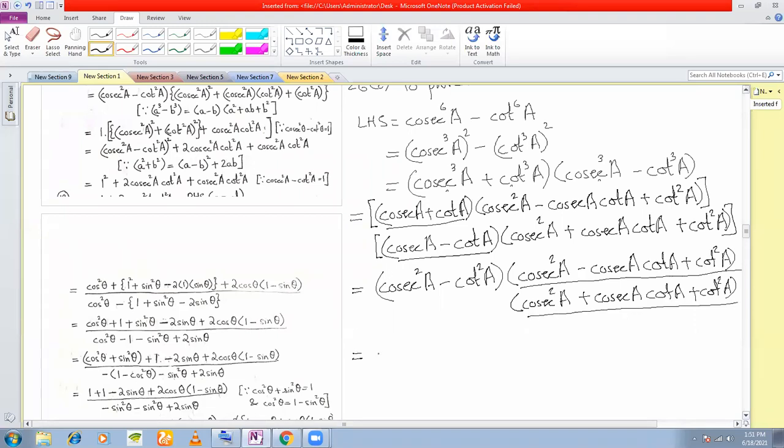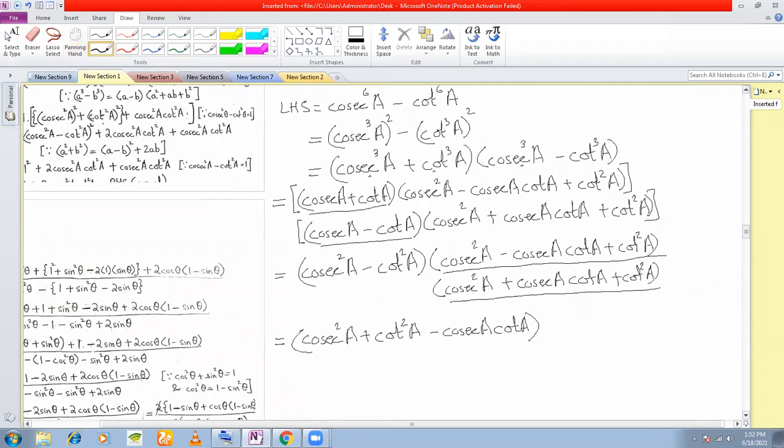So what you do here is you take cosec square and cot square together in the first one: cosec square A plus cot square A, and you write minus cosec A cot A. And for the second one, you do the same thing: cosec square A plus cot square A plus cosec A cot A.